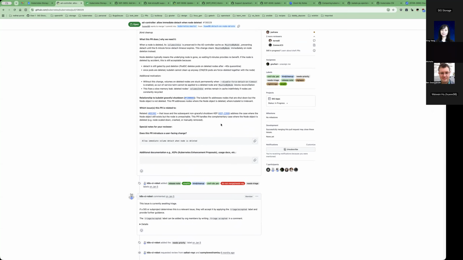So let's talk about the split brain case. When the node comes back, it sees that the pod has been garbage collected and that it was running that pod until now, and then it stops running it.